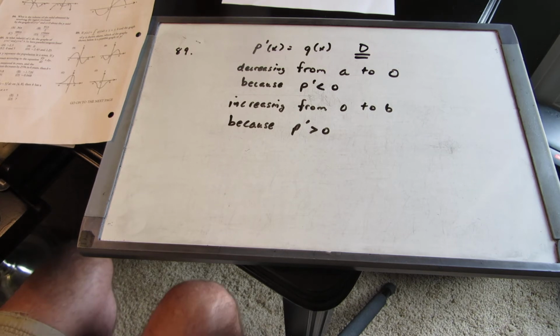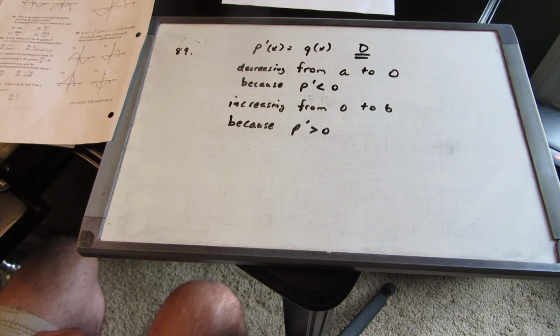So you do have to memorize that list of rules on how to interpret the graph of a derivative. You are definitely going to get problems like that, so you need to memorize that list.